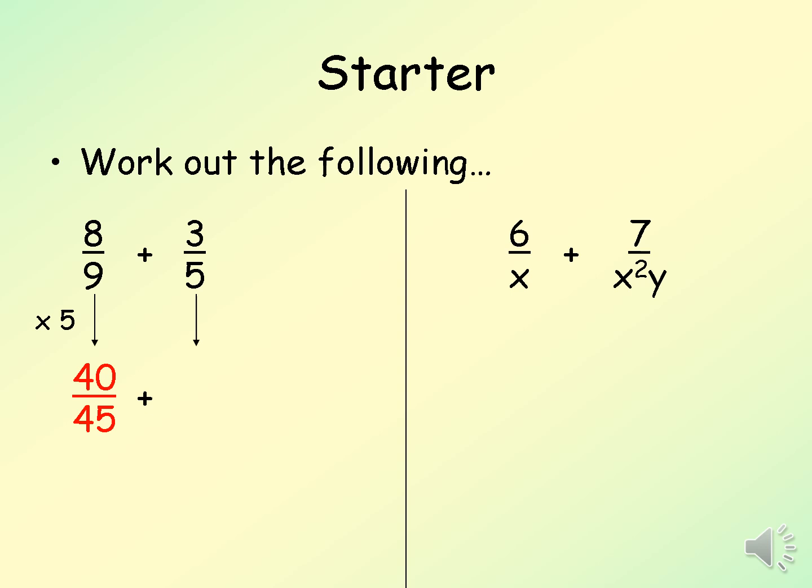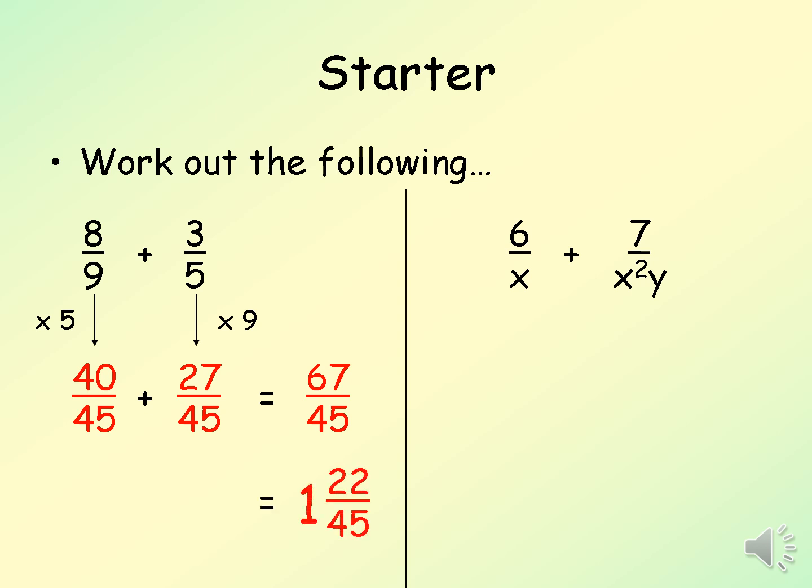Similarly on the other side we must multiply by 9, so 5 times 9 is 45, of course, and 3 times 9 is 27. Then you simply add the top two numbers, 40 and 27. We have 67 over 45, which is a top heavy fraction, giving us 1 and 22 over 45.